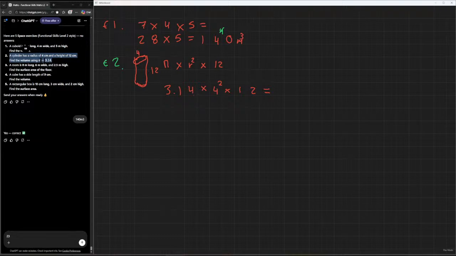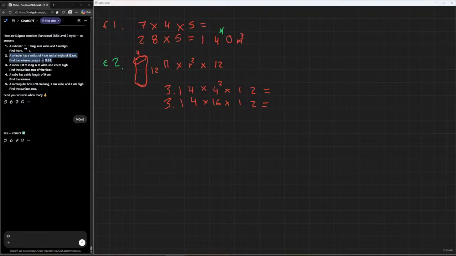Then let's do this part first. So this one becomes 4 times 4 is 16 times 12.